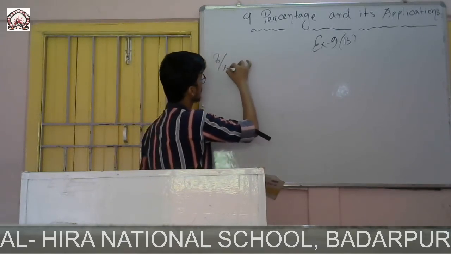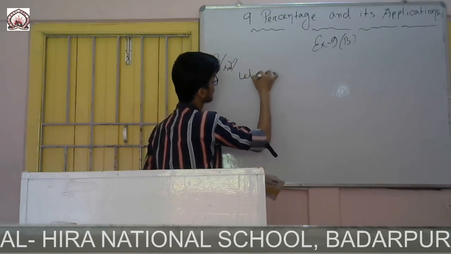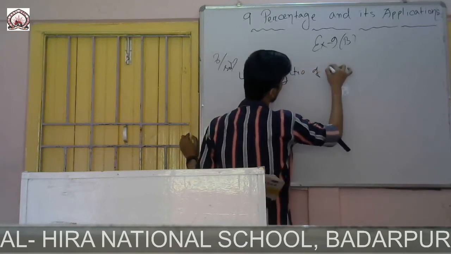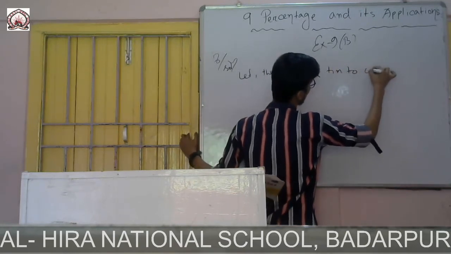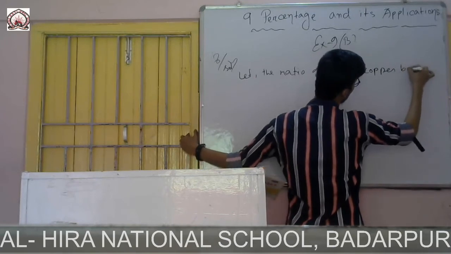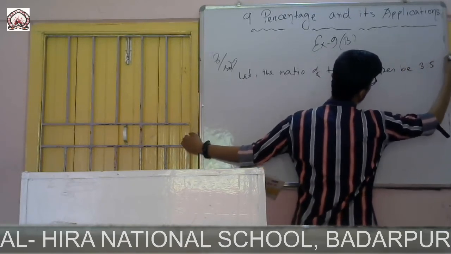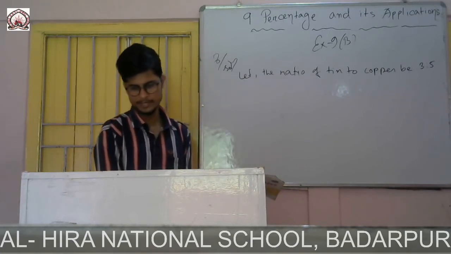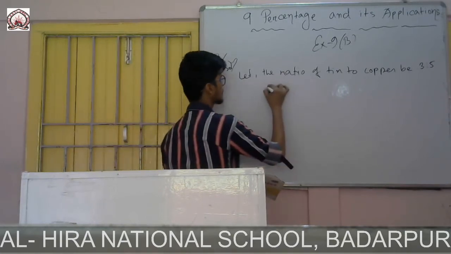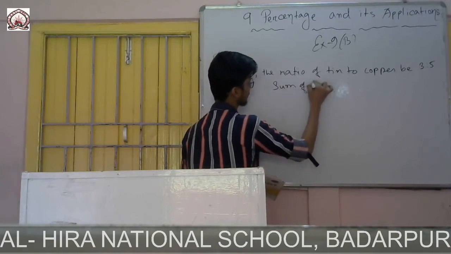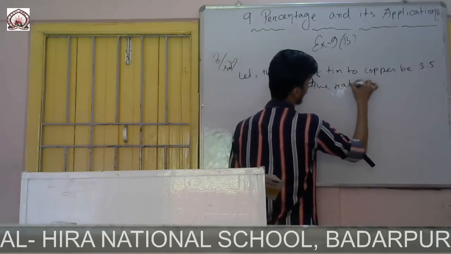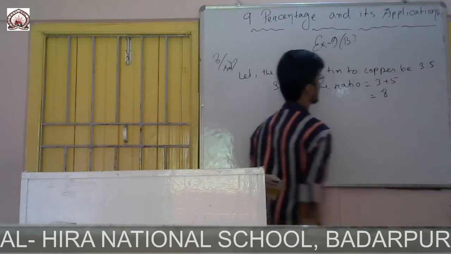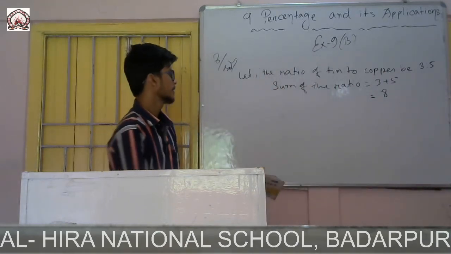Solution: let the ratio of tin to copper be 3:5. First of all, we will find the sum of the ratio. The sum of the ratio is 3 plus 5, which is 8. So now we can find them one by one.